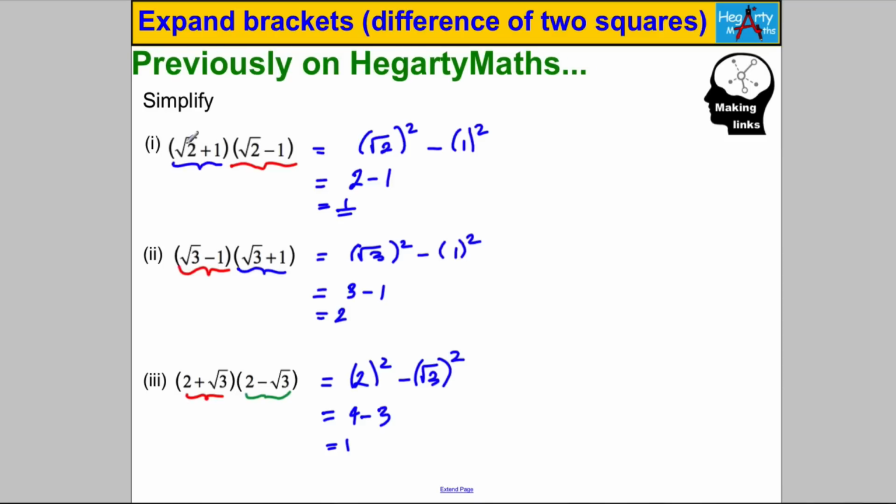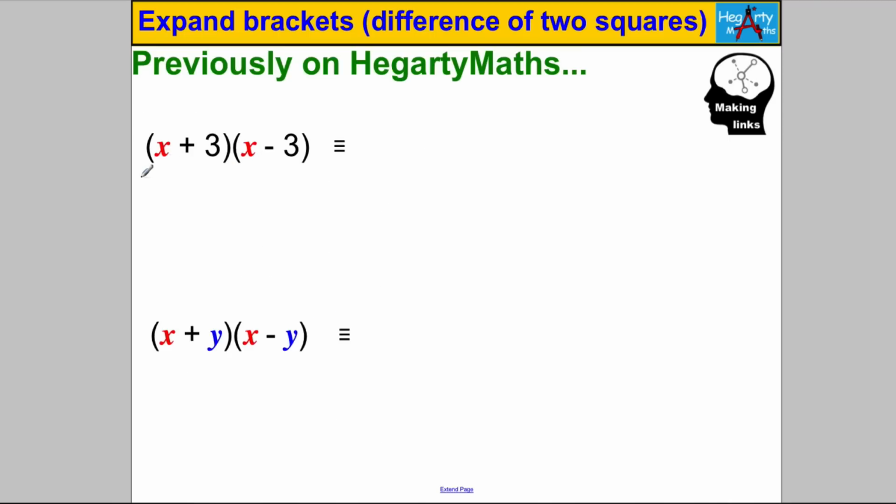In each case, you would have squared the first term and subtracted the second term squared. Here you would have done root 3 all squared, take away 1 squared, to get 2. Here you would have done 2 squared, take away root 3 squared, and you would have got 1. I want you to be really good at that for this video, and it's also a good link to your other areas of maths.